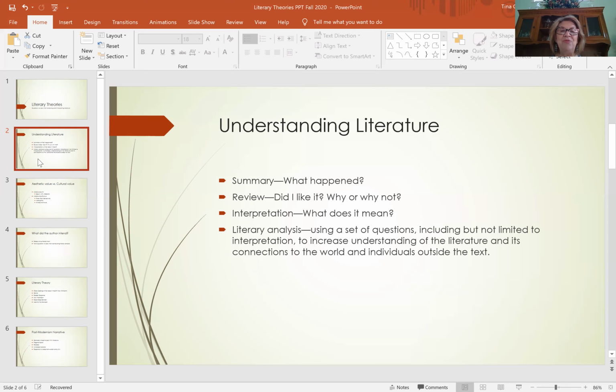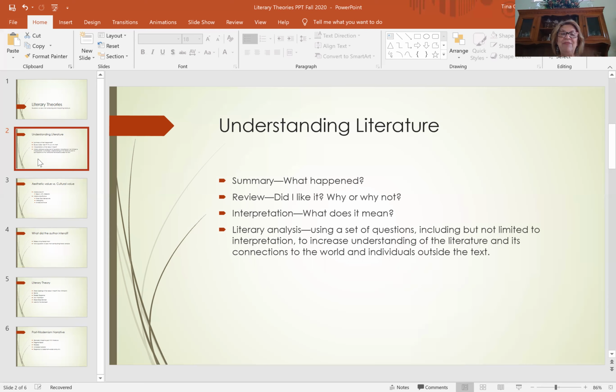And we try to find ways to figure out what it means by looking up words, by understanding context, by understanding connotation, by understanding metaphor. All of these kinds of things are what we use to try to figure out what something means. It does, however, presume that there is a singular meaning, which may or may not be true.